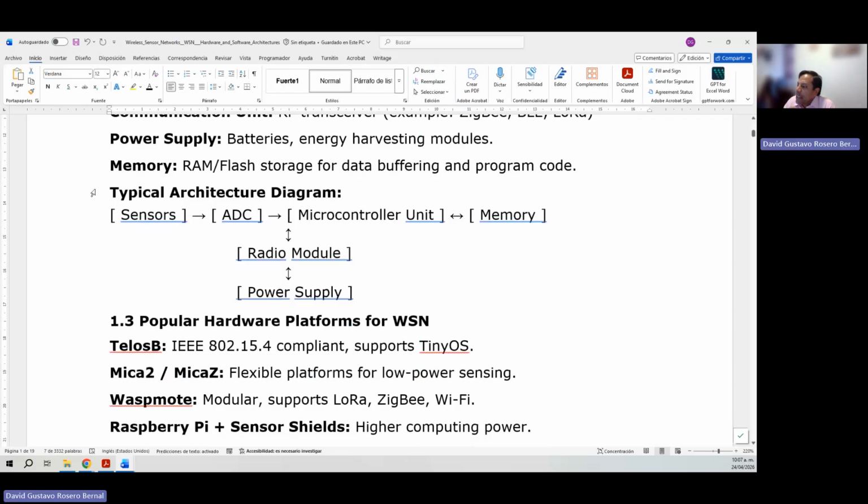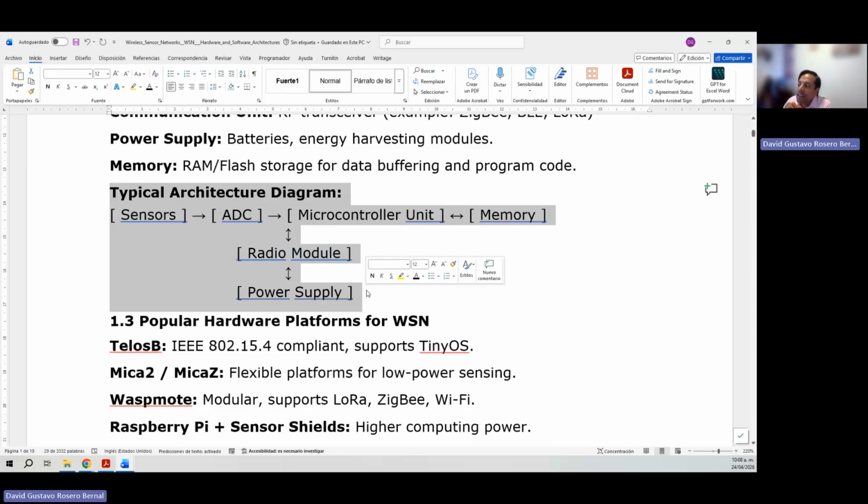This is the typical architecture diagram that we could have in a normal WSN. As I said, we can have the sensor, the ADC, the microcontroller unit, and the memory. It is complemented by the radio module, and obviously it needs to be supported by the power supply.